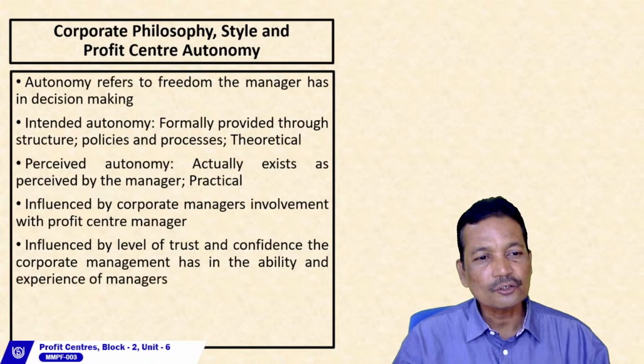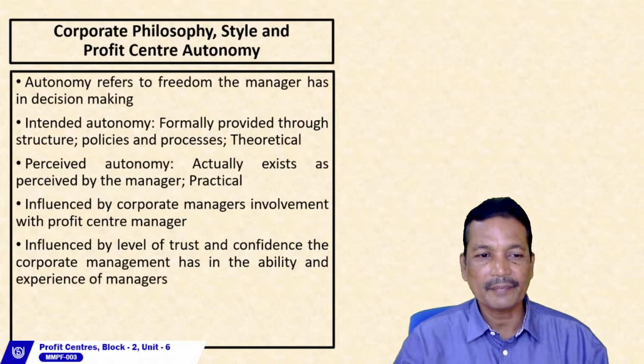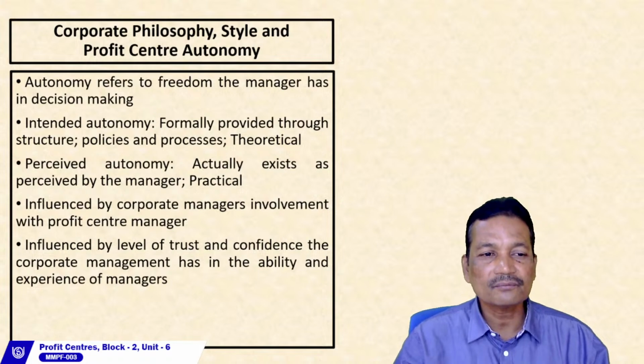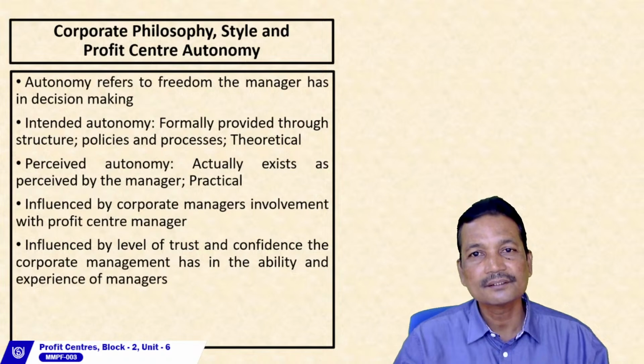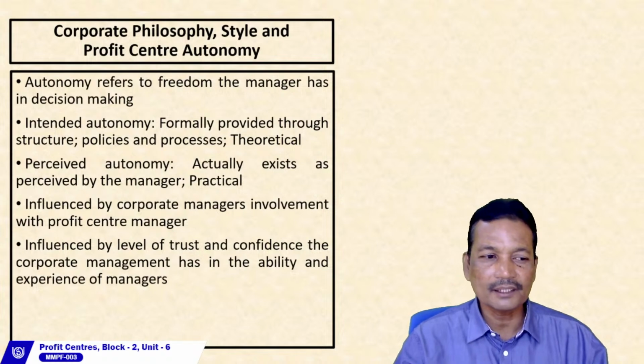So this autonomy can also be influenced by how much trust and confidence the corporate management has in the ability and experience of managers. So we can say the more the trust and confidence the management has in a particular profit center manager, the more is the autonomy that is provided to that manager.